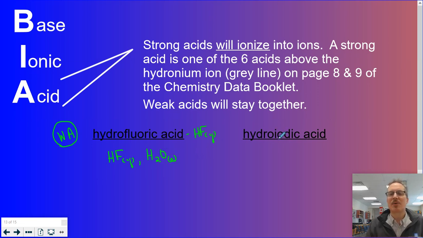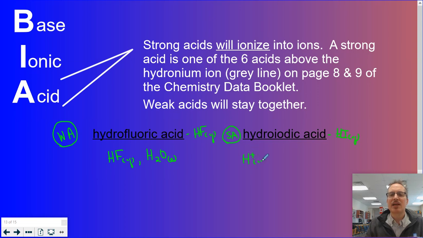Hydroiodic acid, however, is different. Again, we know it's an acid. So when we check our acid chart, we will see this time it's a strong acid. And so the formula for hydroiodic acid is HI aqueous, because it is above the hydronium ion, above the gray line. It's one of our six strong acids. When I drop it into water, it is going to completely ionize.